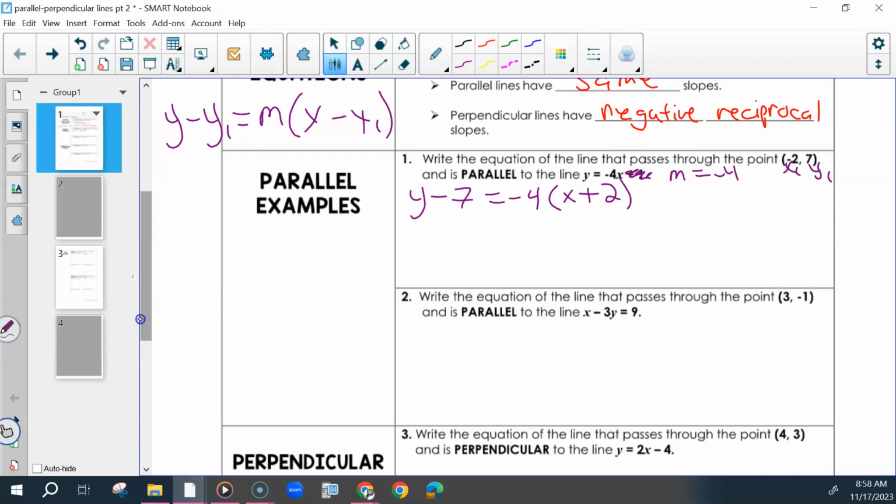How do we solve this? y minus 7 equals -4x minus 8, and then plus 7. So y equals -4x minus 1.